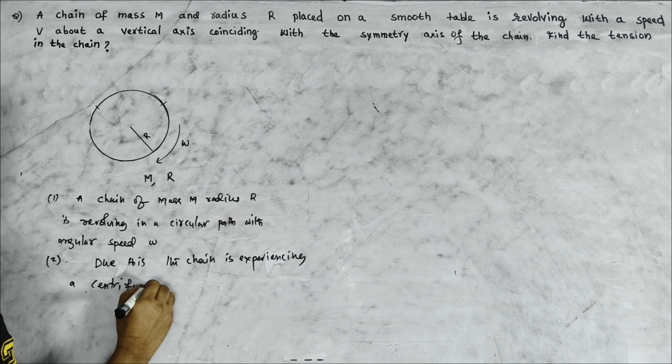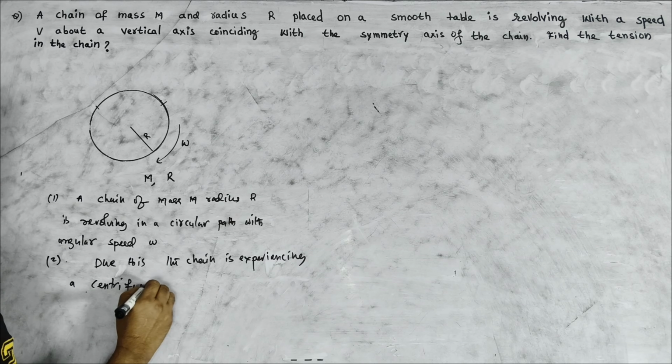Let this be T, and again this side tension is denoted with T, and tension can be resolved into two components. Horizontally it is T cos d theta by 2 on each side.